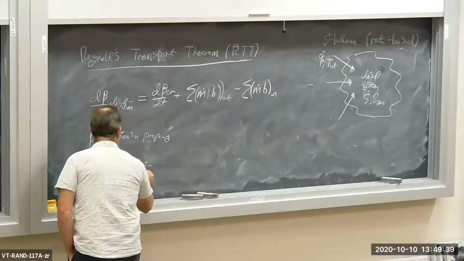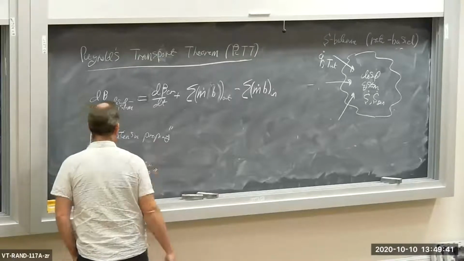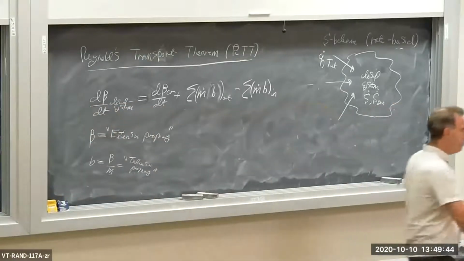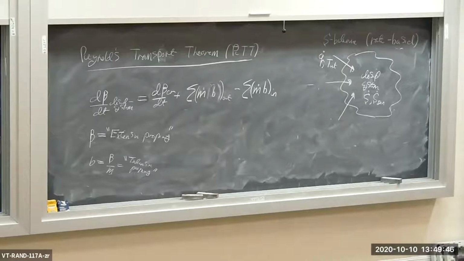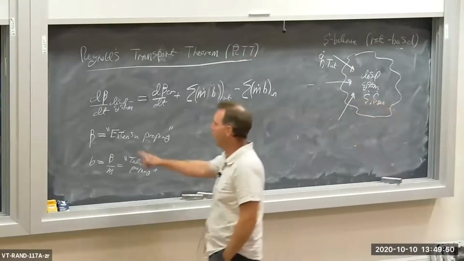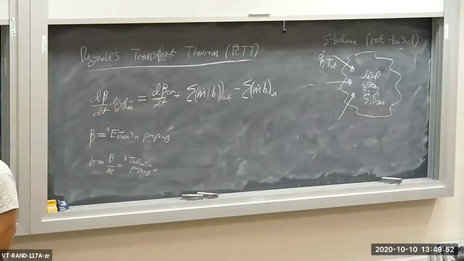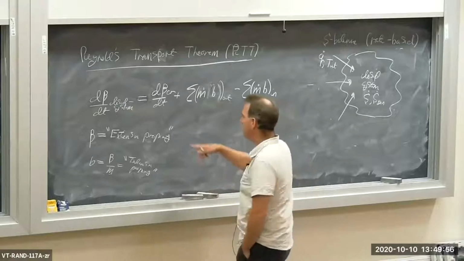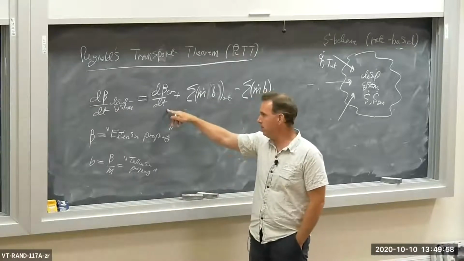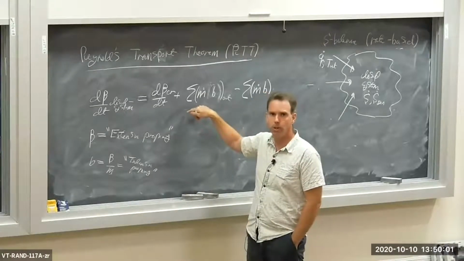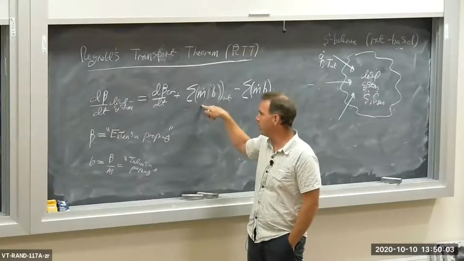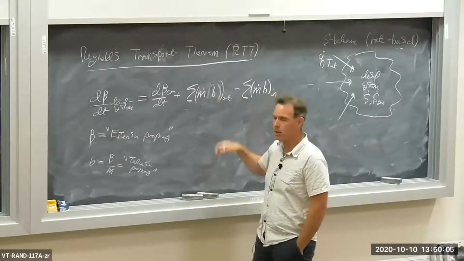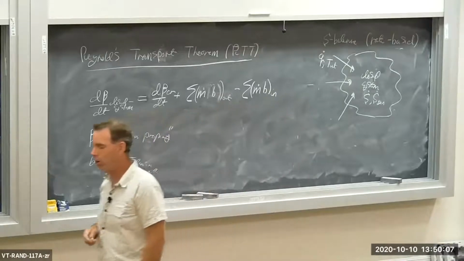So we've got the extensive and the intensive property, beta and lowercase b. So the Reynolds transport theorem says that the rate of change of beta within the closed system is equal to the rate of change of beta within the open system plus the outflow of beta due to all the mass interactions minus the inflow of beta due to all the mass interactions.